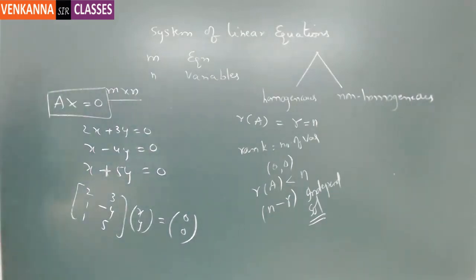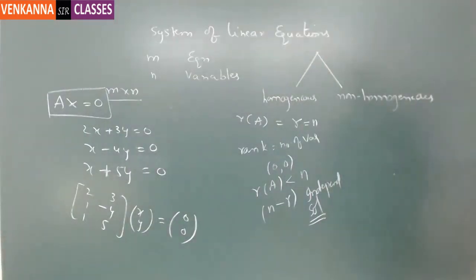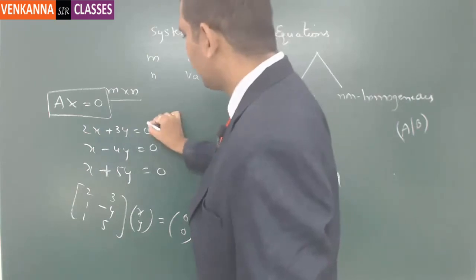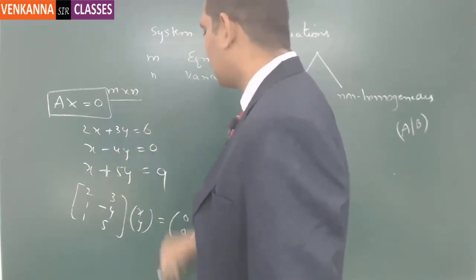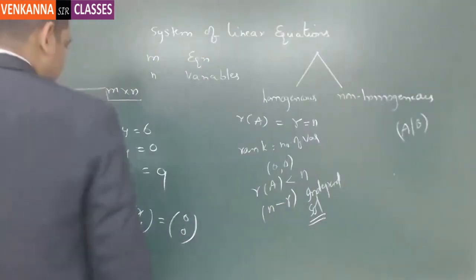Right. So coming to the non-homogeneous part, we consider the augmented matrix A by B. Let us take that the system is given as 2x plus 3y is equal to 6, x minus 4y is equal to 0, x plus 5y is equal to 9.